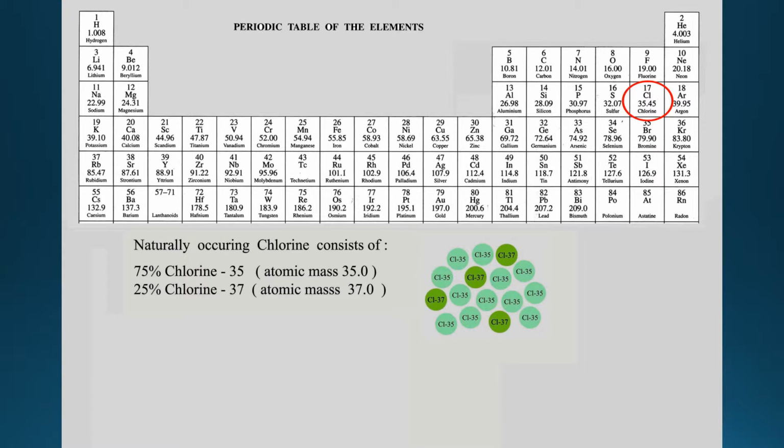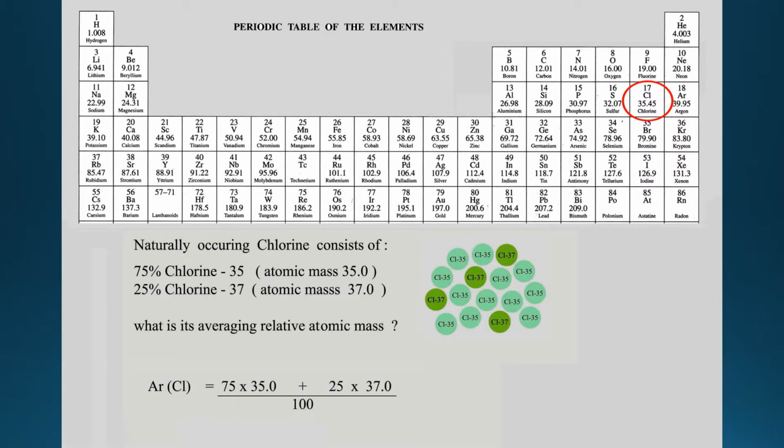And so how do I get the measurement of the weight? I just do it by averaging. Here's how. The average relative atomic mass is 75 times 35 plus 25 times 37, divided by 100.